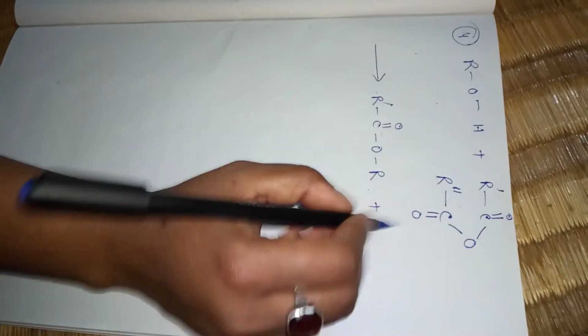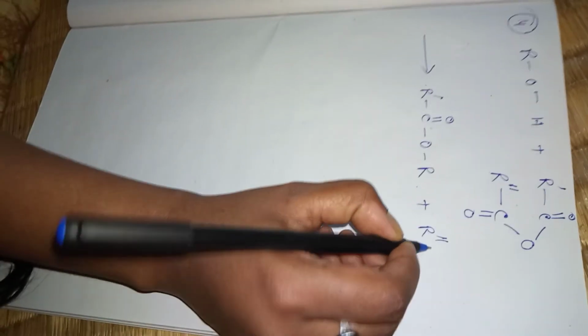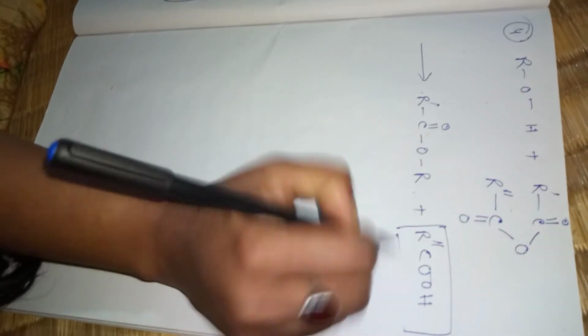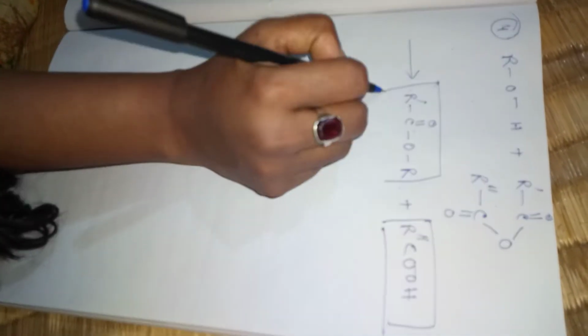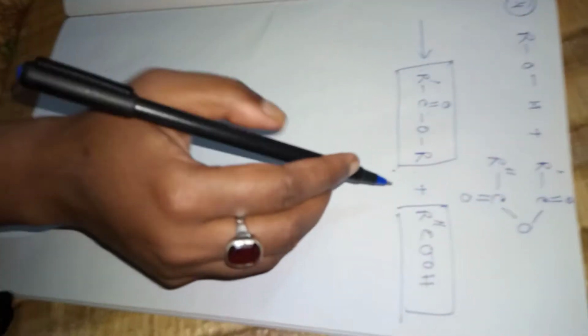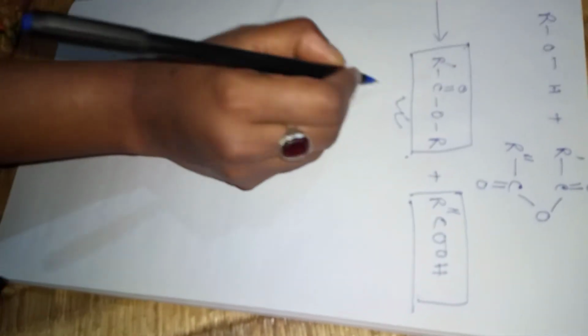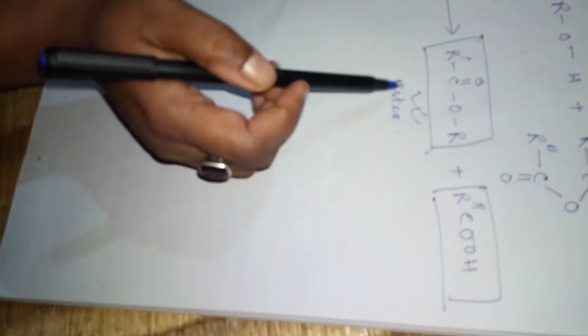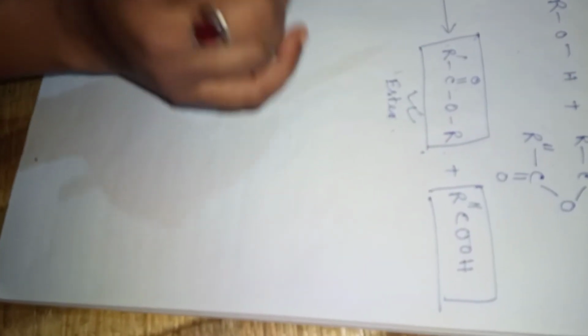Another one is R double dash COOH. This we will get in this case. Am I clear? This is also ester. So we can get the ester by three reactions.